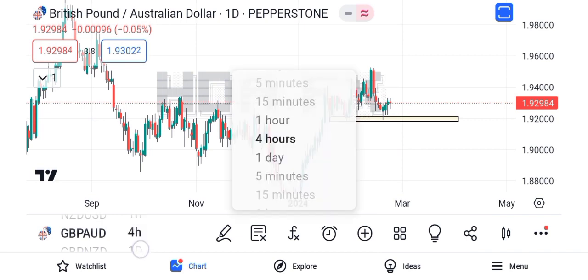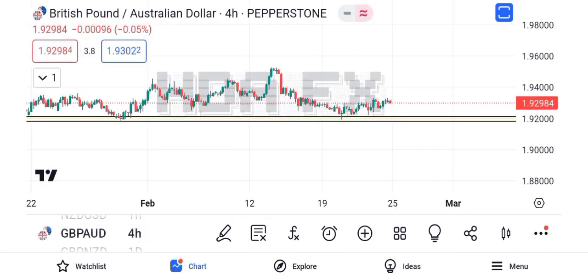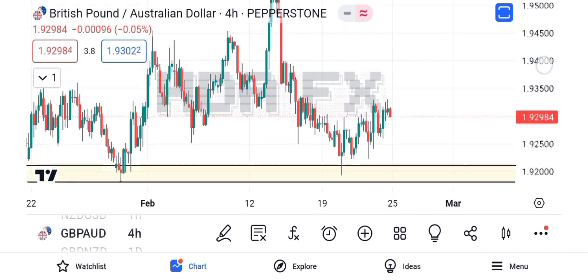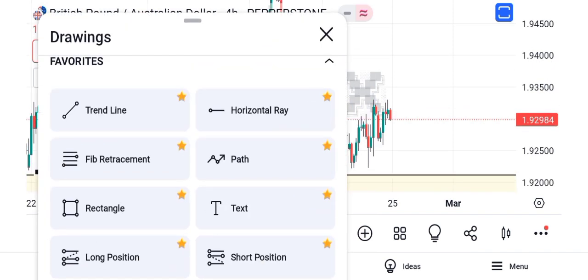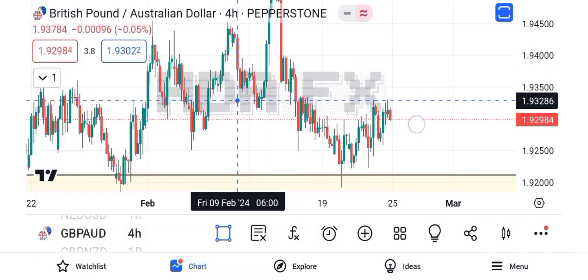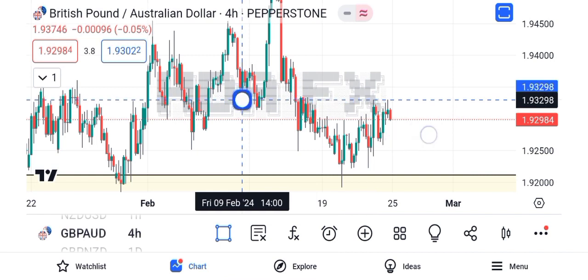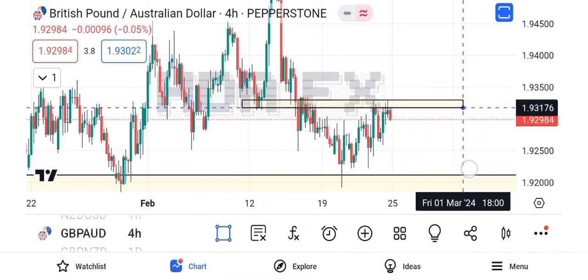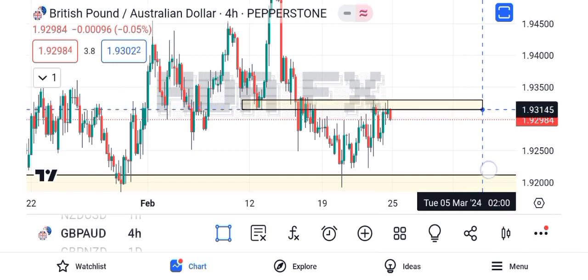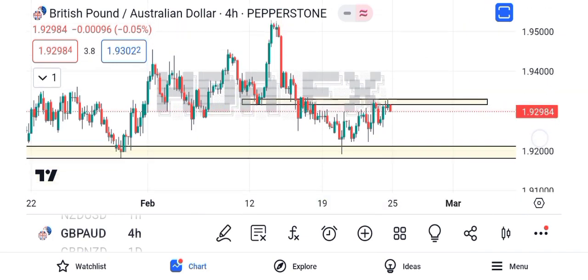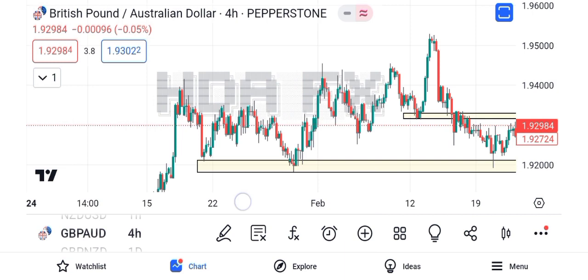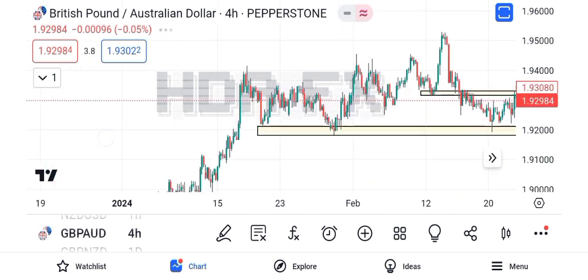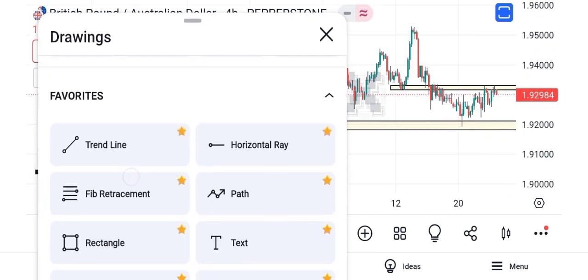So moving down to the four-hour time frame, let's see what we have there also. On the four-hour time frame, we also have another key zone here. We also have another key zone here. And we also have a beautiful trend line here.